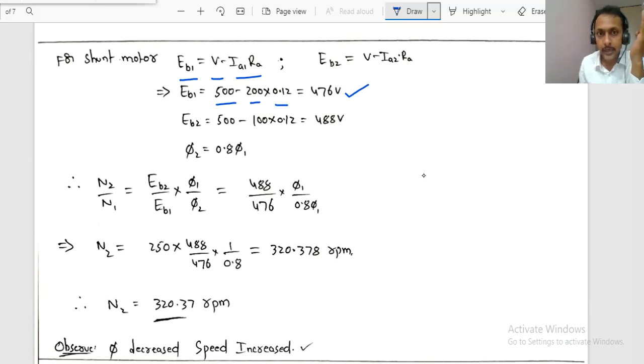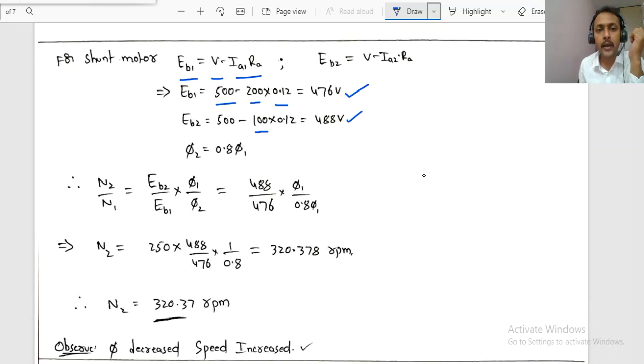Now, in the second case, the armature current is reduced. So the drop also will be reduced. Now the back EMF will be more. EB2 equals 500 minus 100 into 0.12, 488 volt.